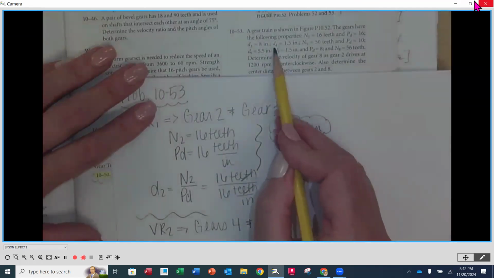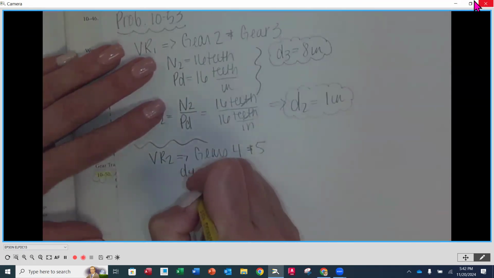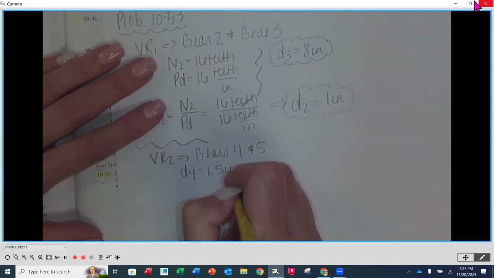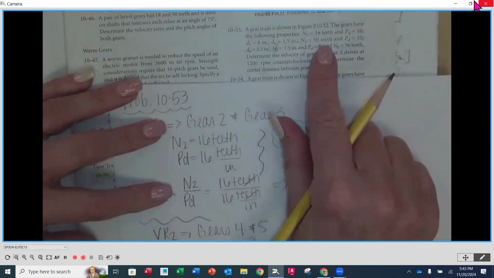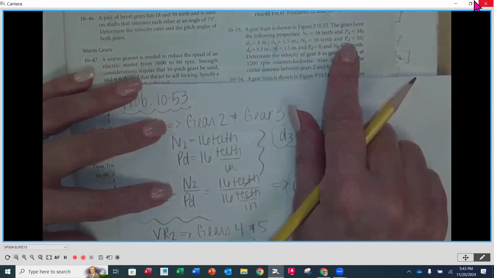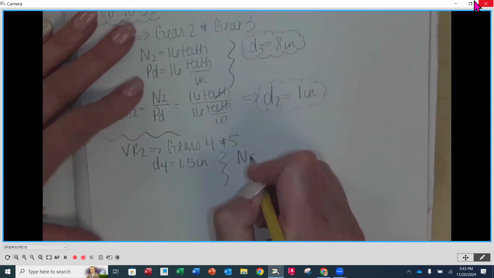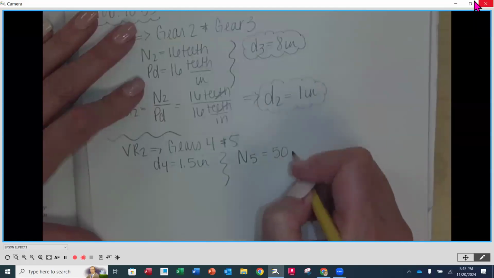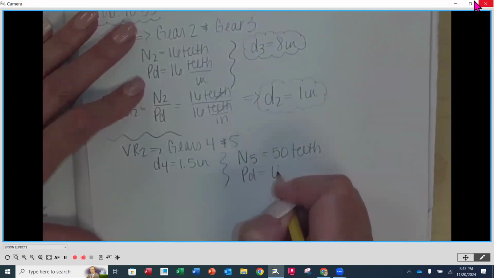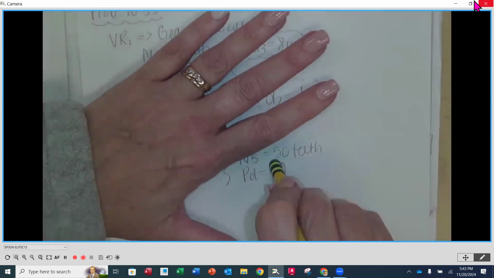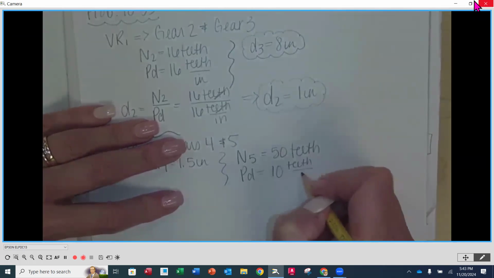But number 4 here, we have a pitch diameter of 1.5. So that's given to us. So D4 is going to be 1.5 inches. Okay. Gear 5 is 50 teeth and a diametral pitch of 10. Okay. So N5 is 50 teeth and a diametral pitch of 10. And that's going to be teeth per inch.